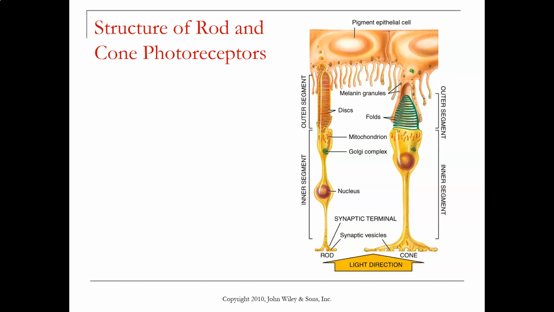Okay, now these are the two main types of photoreceptors. They're called rods and cones. They're both in the retina, again not equally distributed, but they're both there, and these are your actual photoreceptors because they respond to photons with graded potentials that may lead to action potentials.